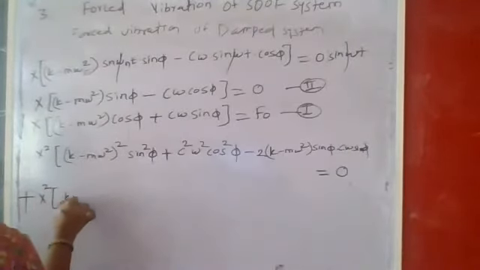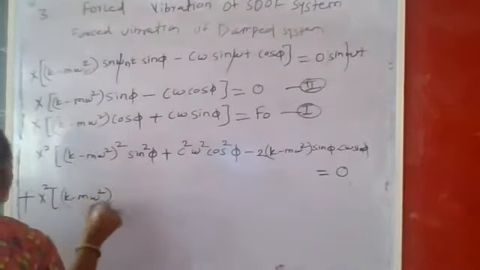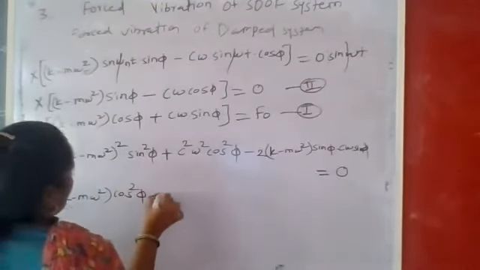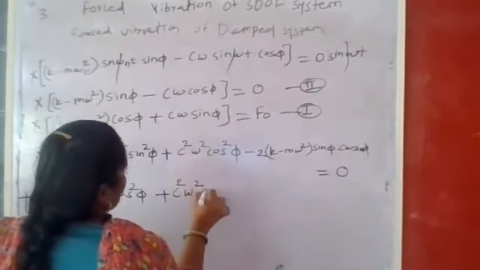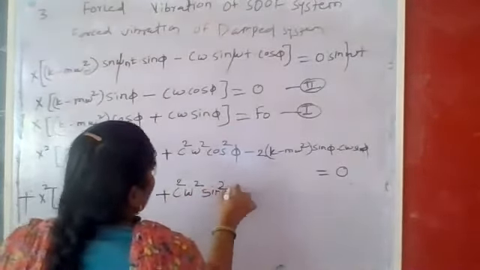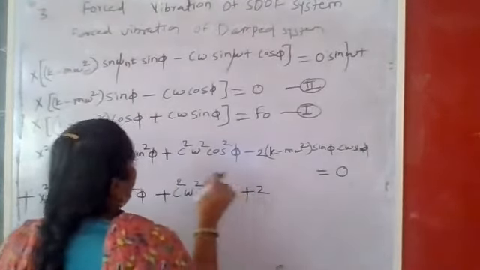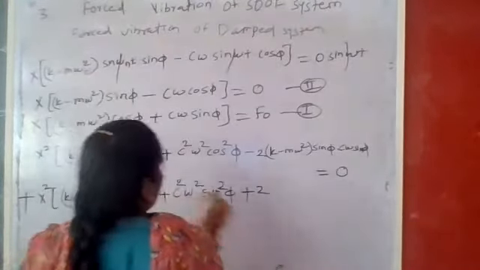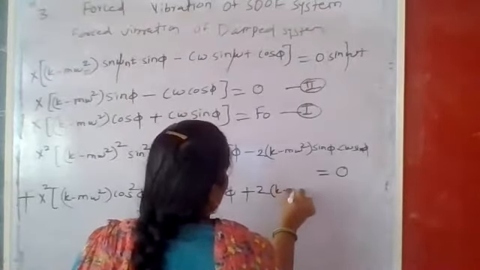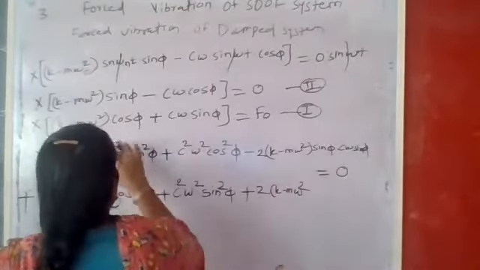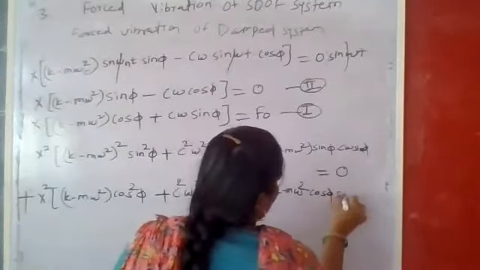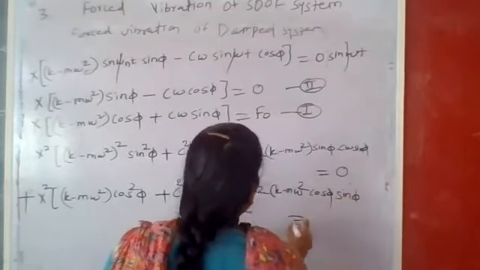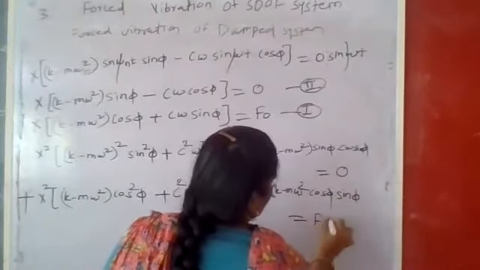That is X square again into bracket (k minus m omega square) bracket complete into cos square phi, plus this term, that is c square omega square into sin square phi, plus 2 into ab, where a is (k minus m omega square) into cos phi, that is cos phi into sin phi, is equal to our term F naught square.